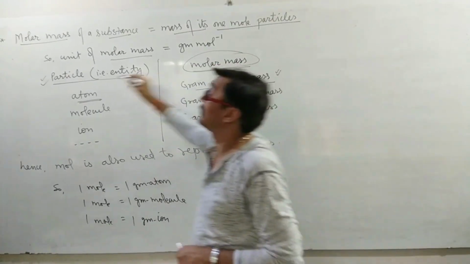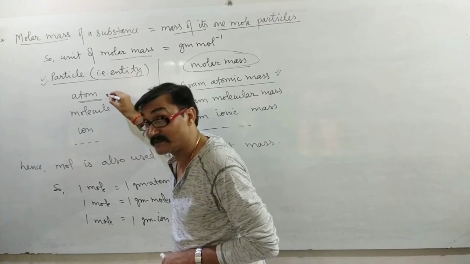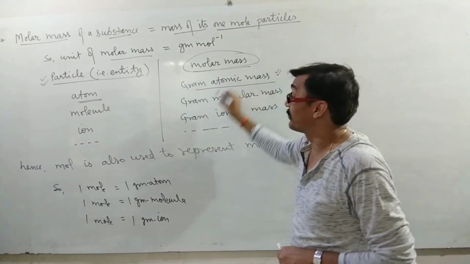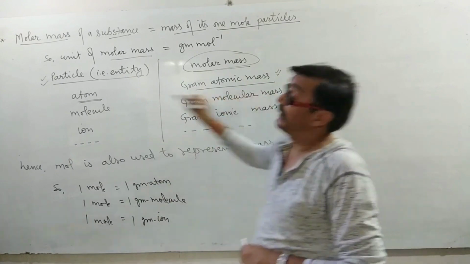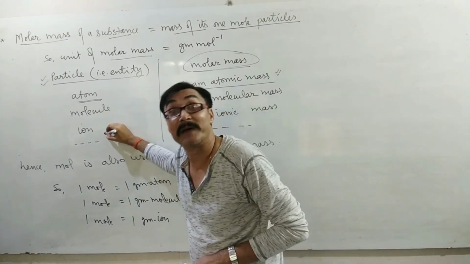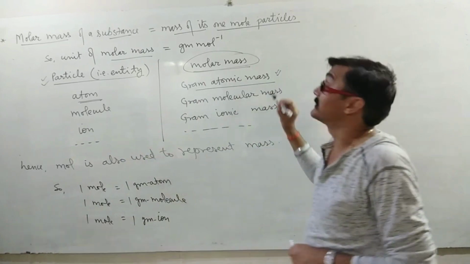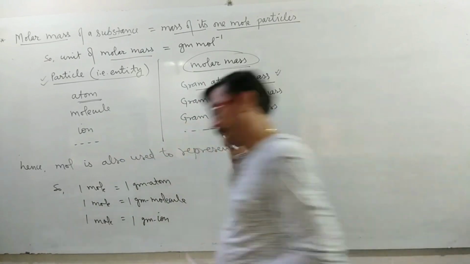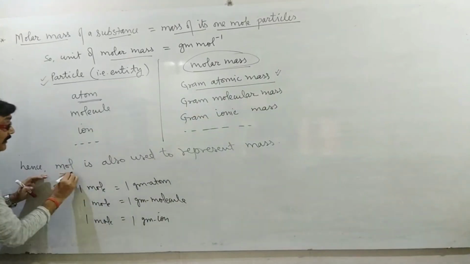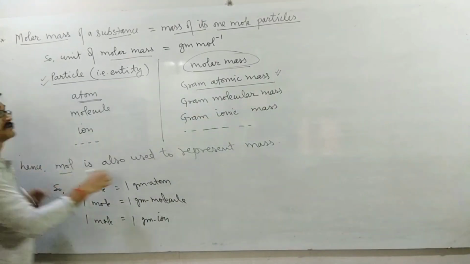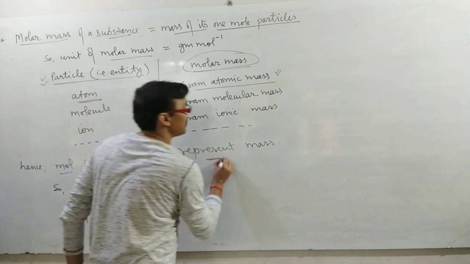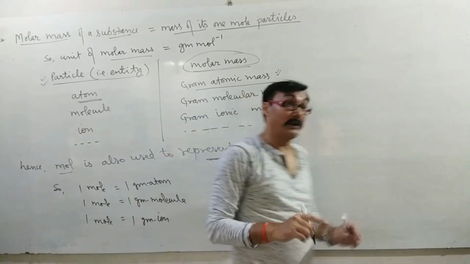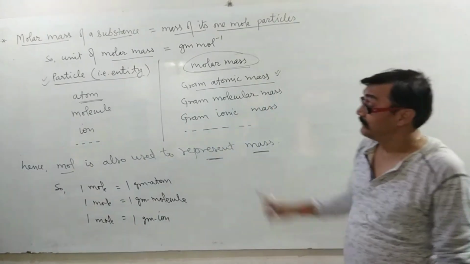If the substance is made of molecules, then its molar mass is called gram molecular mass. If the substance is made of ions, then the mass of 1 mole of ions is gram ionic mass, and so on. Mole is also used to represent mass.